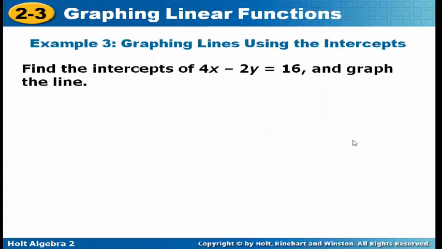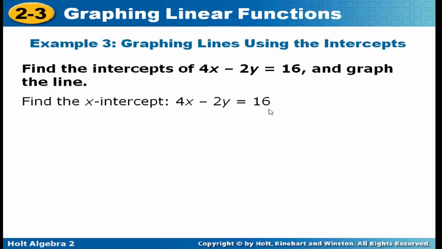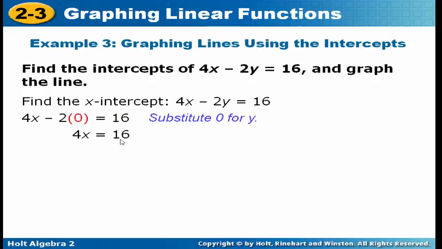To find the intercepts of 4x minus 2y equals 16, to find the x-intercept first, put y equals 0. So 4x minus 2 times 0 equals 16, so 4x equals 16 and x equals 4.